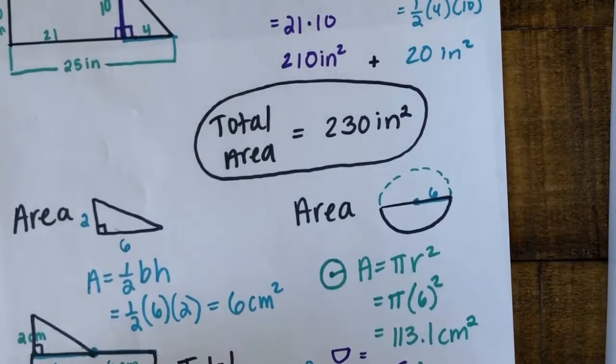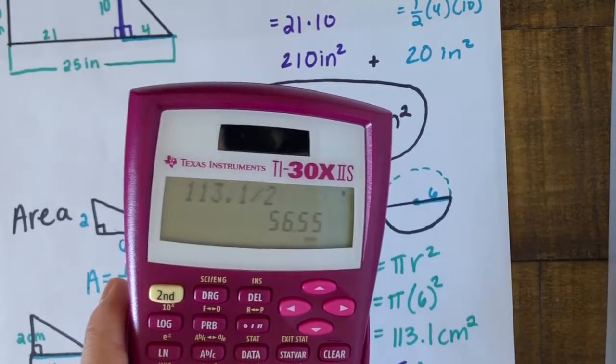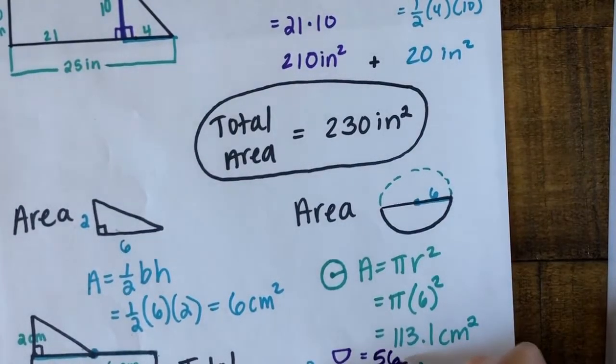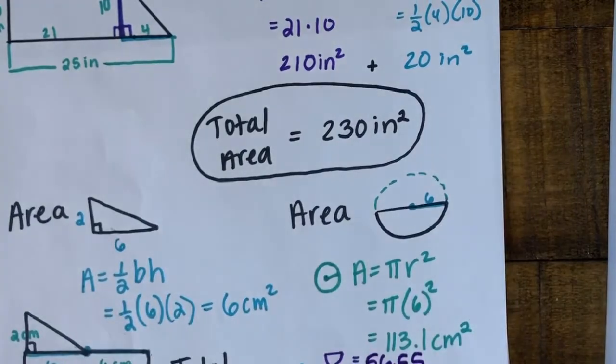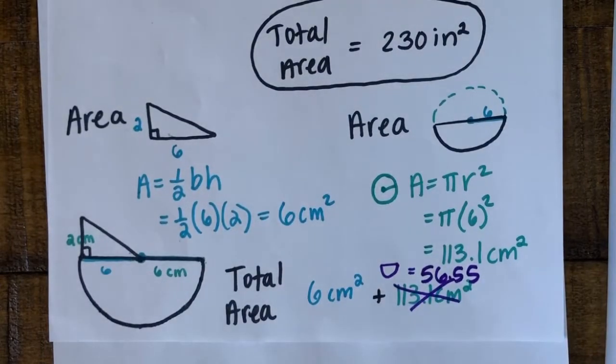I got too excited here, folks. I calculated 113.1 divided by 2, and I got 56.55. So hopefully you caught me before I caught myself, because if you did, congratulations.